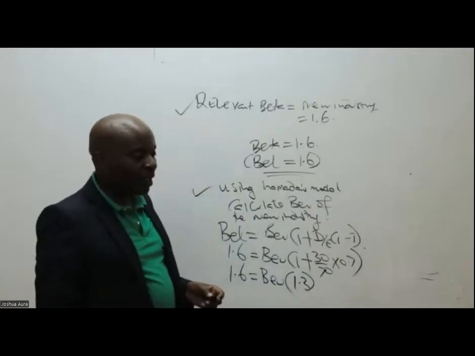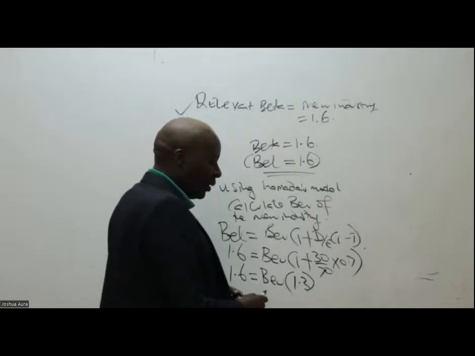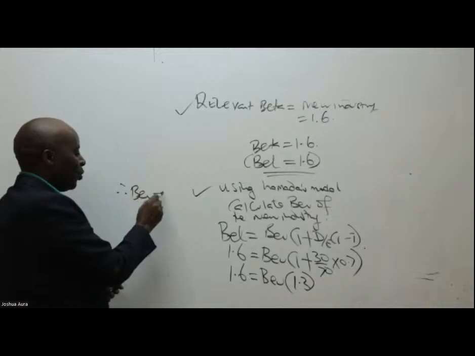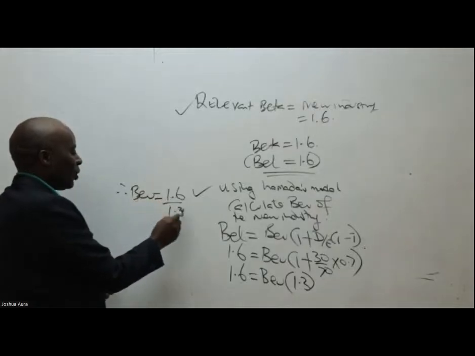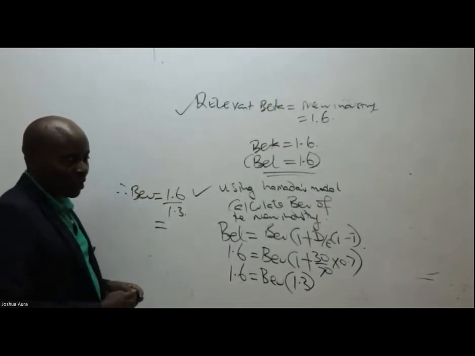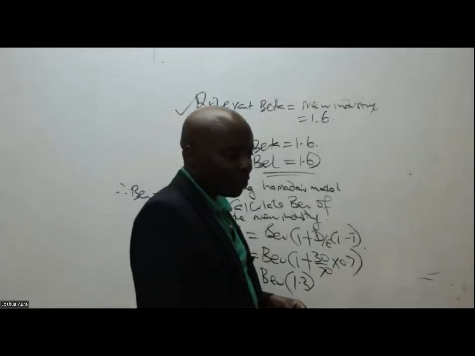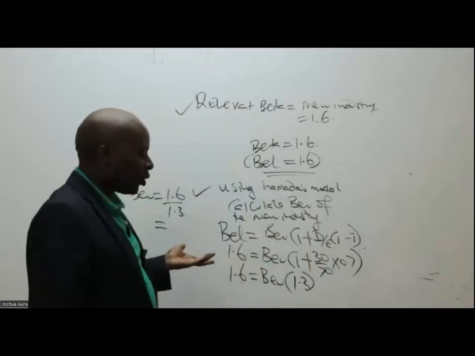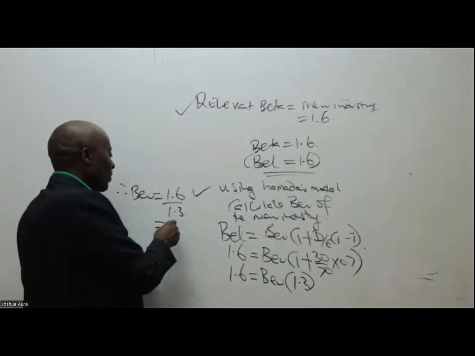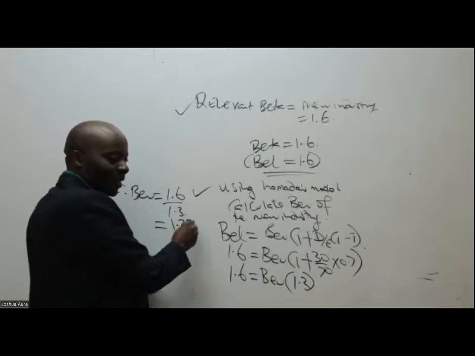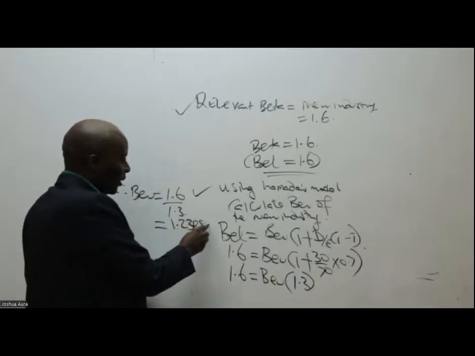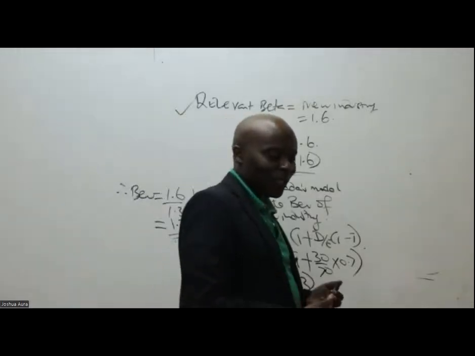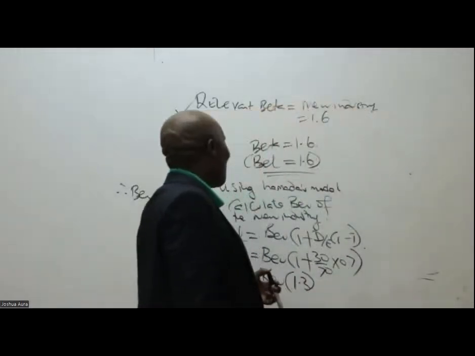So meaning that at the end of the day, my BEU will be equal to 1.6 over 1.3, which is 1.6 divided by 1.3, 1.23. You get that BEU of 1.23, with many decimals. Thank you so much. Then that is wonderful.